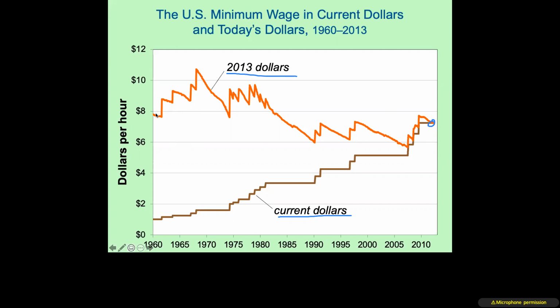Oh my, look at this. If we look at 2013 dollars, it had this purchasing power back here. Look at what's happening to people's purchasing power. It's going down. And even now, we are at a lower rate than we were back in the 60s.